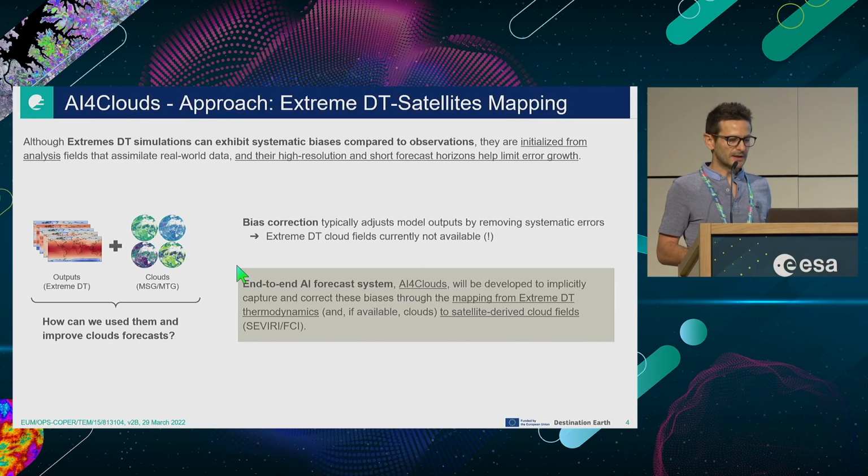So we thought that we can build here an end-to-end AI forecast system in a way that it will implicitly capture and correct these biases in Extreme DT simulation by combining thermodynamic fields from Extreme DT, which are available, temperature, relative humidity, and so on, with satellite cloud fields. And when available, or if it's at all available, clouds from Extreme DT, this is compatible, and we can include them in the emulator.